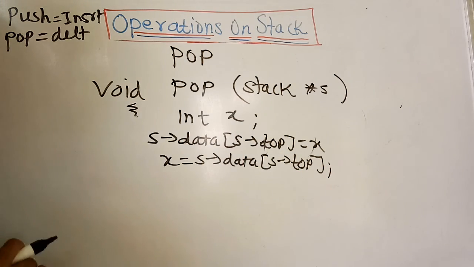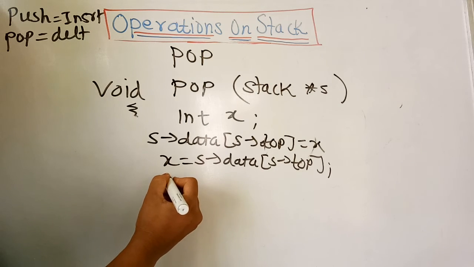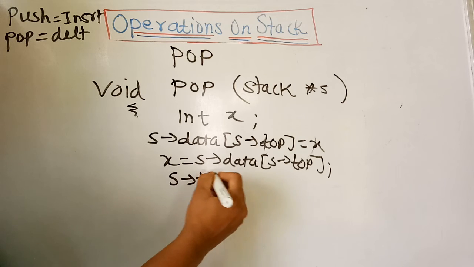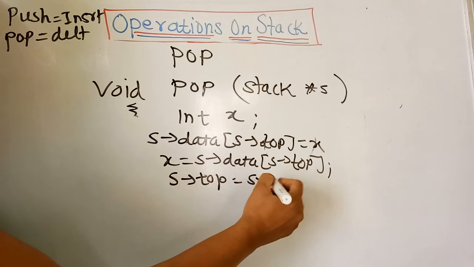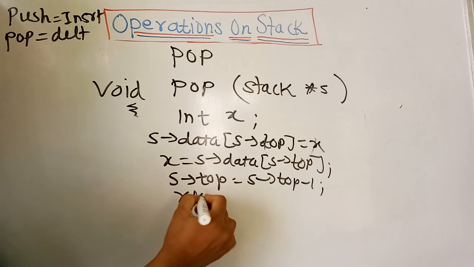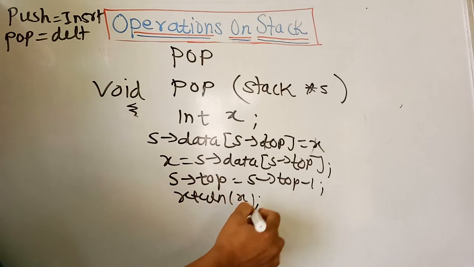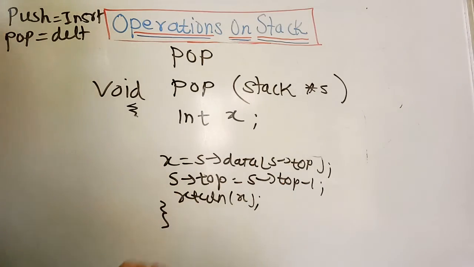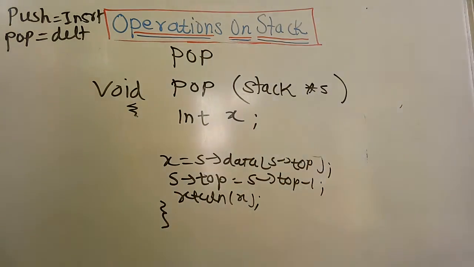Then we only have to decrement top, s pointer top equals s pointer top minus 1. Okay, and then we simply return x. After performing such steps, we can easily delete any data from the stack.